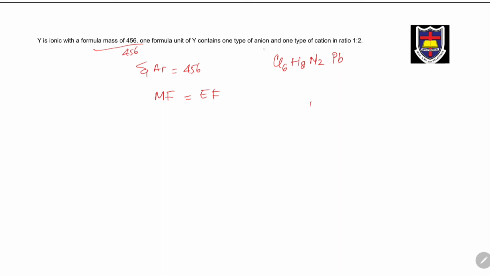Here the anion and the cation are only one type each, but the ratio is 1 to 2.